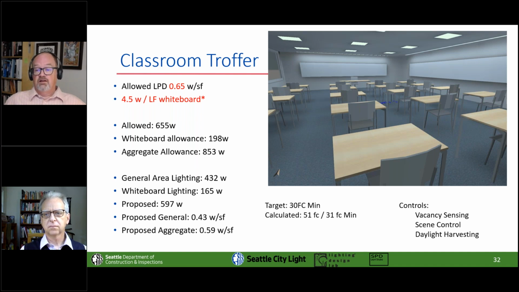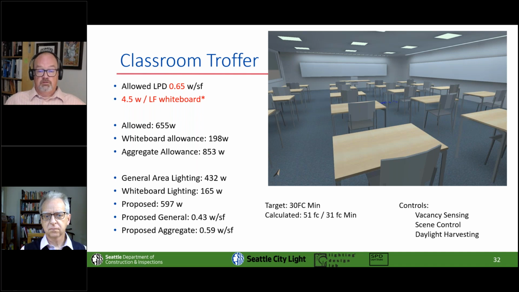Now we've still got a 51 foot candle average, but with the allowance, our proposed general lighting is 0.43 watts per square foot, but our aggregate is 0.59 watts per square foot, because we can use the light from the perimeter lighting, which is very useful. So we are under significantly.